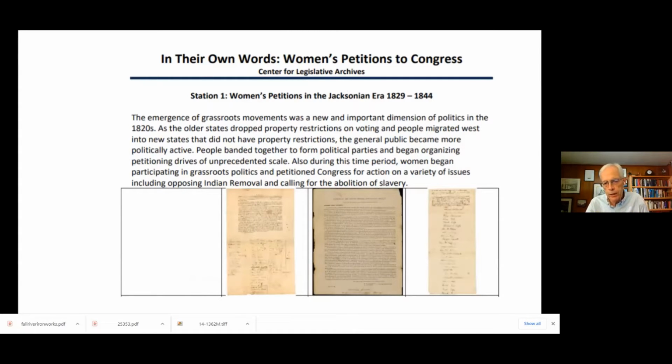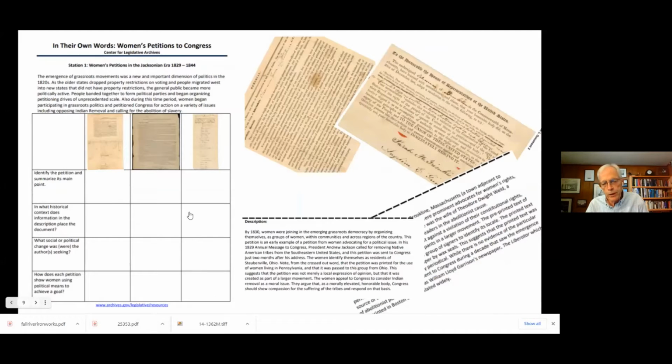On the screen right now, you see women's petitions in the Jacksonian era, for example. The students go to a station and they'll have a graphic organizer that you see on the left of the screen. And then they will have an assortment of petitions, 3 of them, and descriptions of petitions.